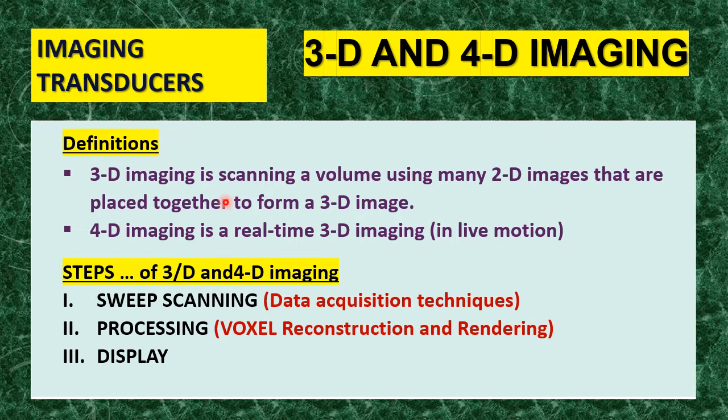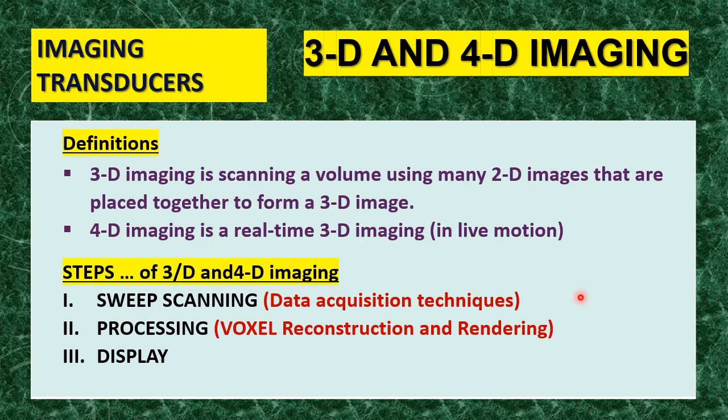These 2D images are sent to processors in the electronics of the machine, and these processors will take these multiple 2D images, put them one by one, back to back, and build a virtual 3D image of what's being scanned.